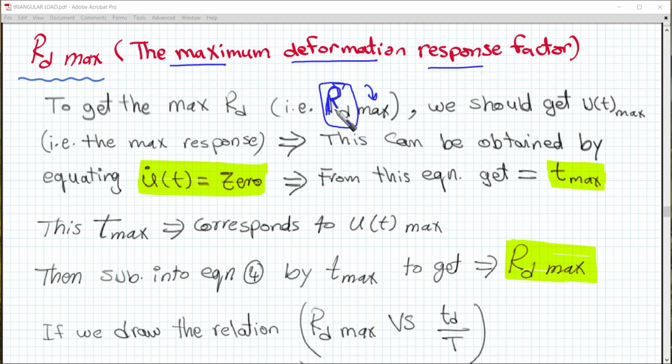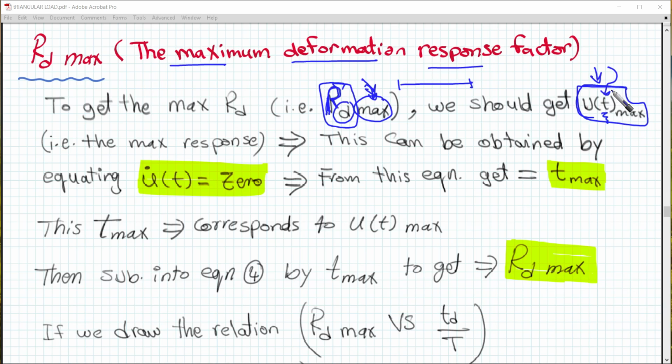It is the ratio between dynamic and maximum static. D means that it is displacement. Maximum means maximum over all the time that we are considering. We should get u(t) maximum. What is u(t) maximum? It is the maximum dynamic displacement, the maximum displacement at a certain time t.